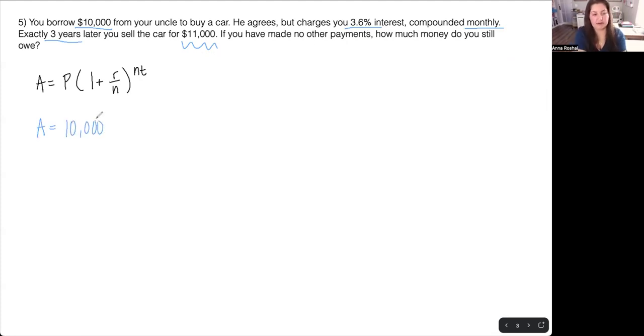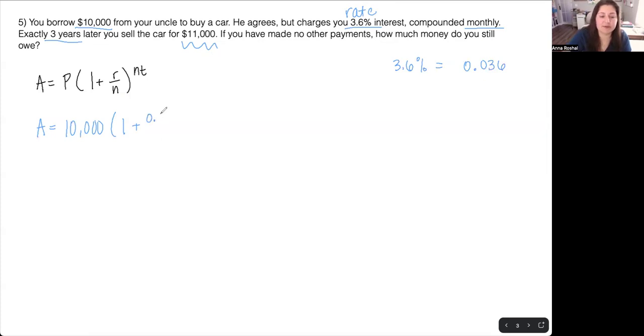Let me get my calculator handy because I know that math is not going to be done in my head. We're going to multiply it by 1 plus the rate. So the rate is 3.6%, and if I turn it into a decimal, it's going to be 0.036.